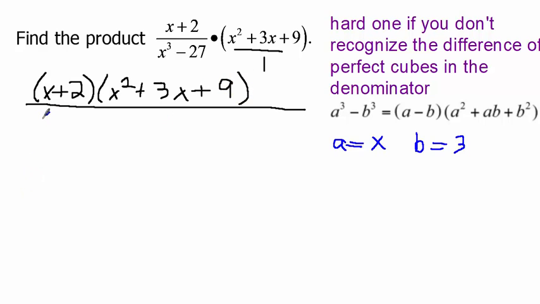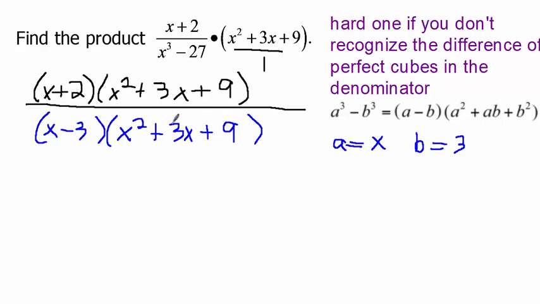So now I'm going to do the perfect cubes. My first term is a minus b. The second one is a squared plus a times b, x times 3 is 3x, plus b squared is 9. And now these 2 things will cancel.